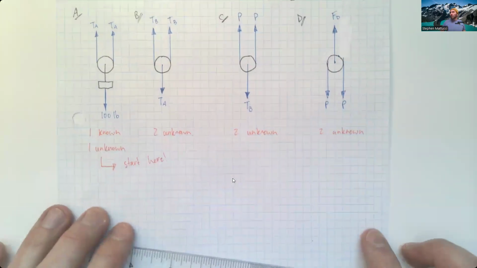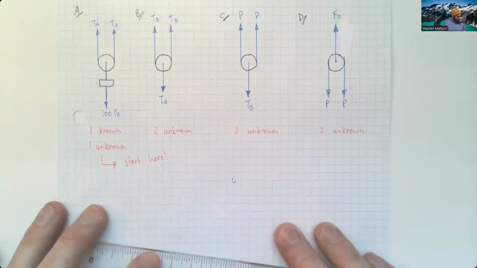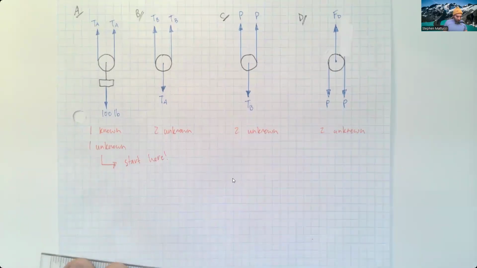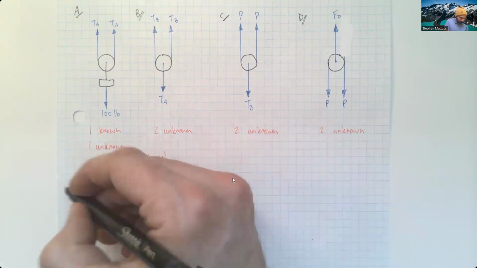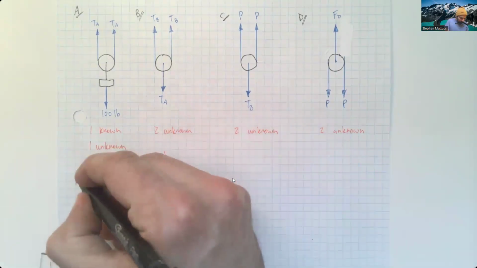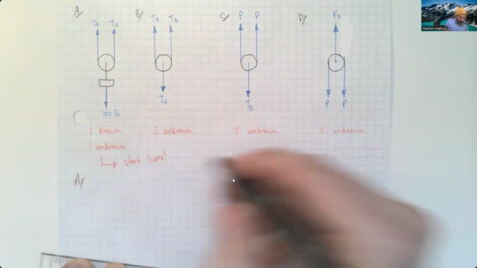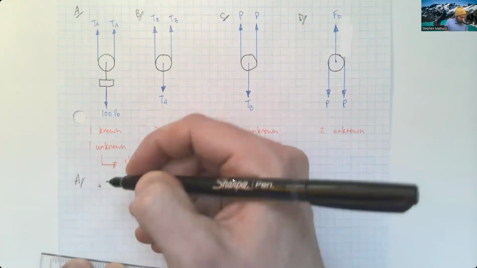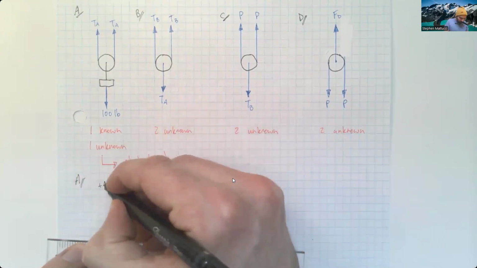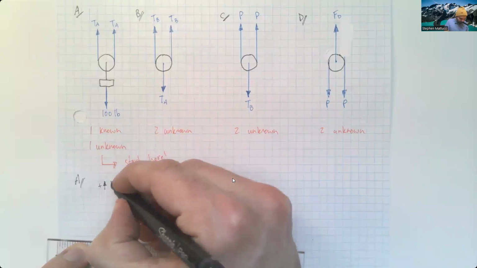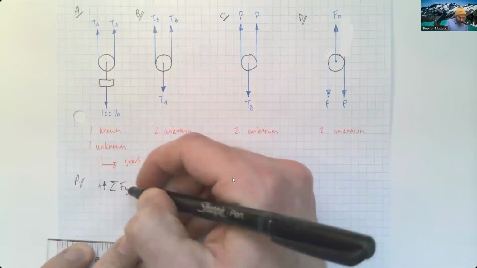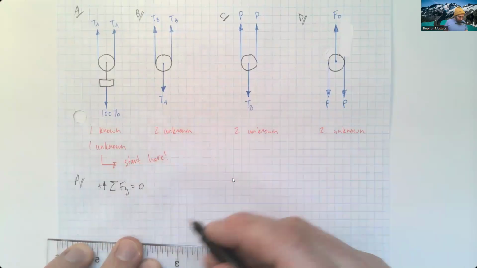Okay, I'm going to slide this up. And we're going to do our equations of equilibrium. So we'll start with A. And we're going to be defining positive upwards and look at the sum of forces in the y equals 0.